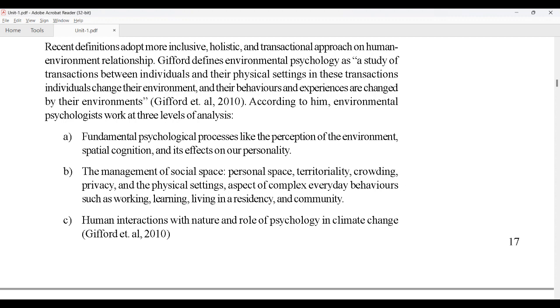Fundamental psychological processes like the perception of the environment, spatial cognition, and its effects on our personality. b. The management of social space, personal space, territoriality, crowding, privacy, and the physical settings aspect of complex everyday behaviors such as working, learning, living in a residency, and community. c. Human interactions with nature and the role of psychology in climate change.